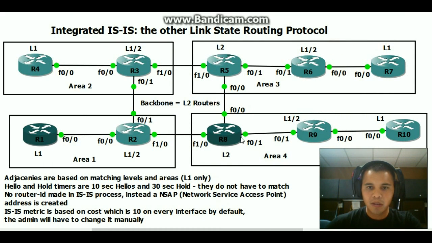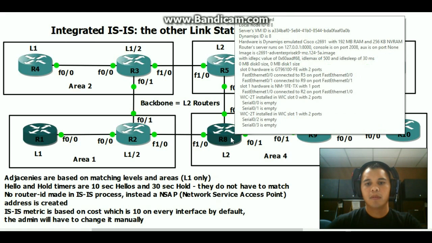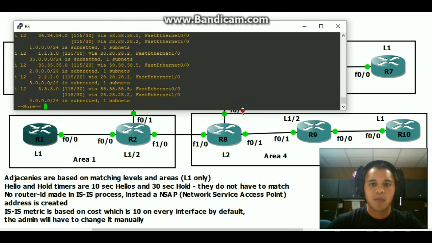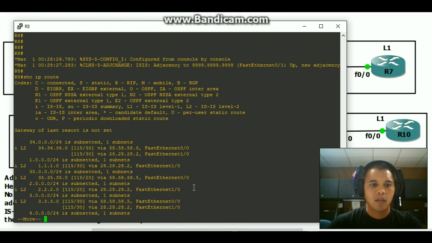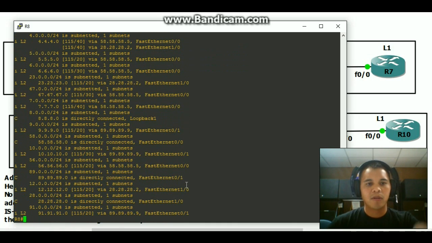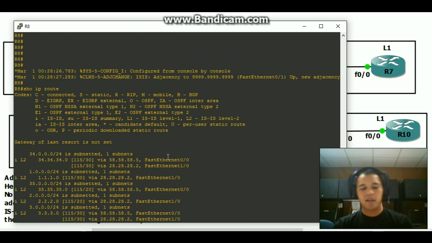But let's look at the routing table for router 8. Show ip route. Let's expand this. And look at all of these routes. So level 2 routers are the backbone, and they have the whole entire picture of the topology. And this is where they'll send out level 1 LSPs and level 2 LSPs.